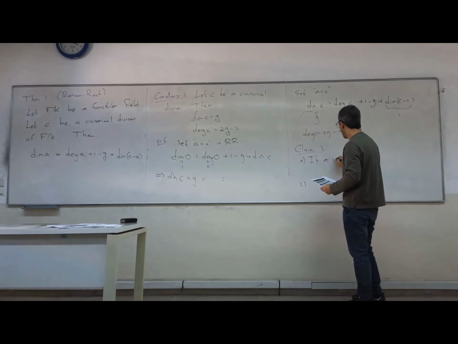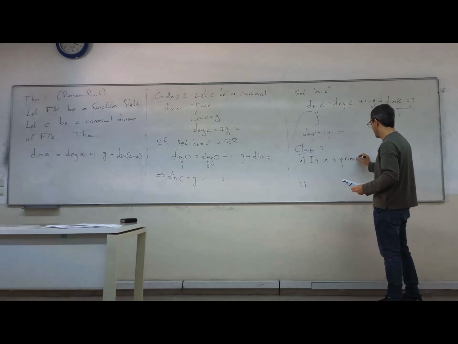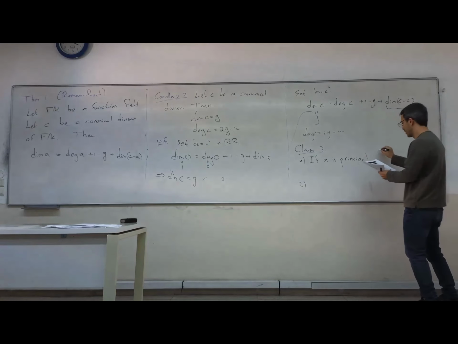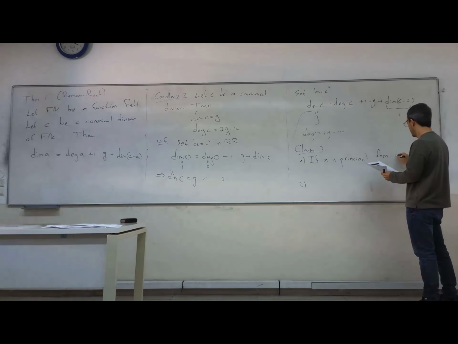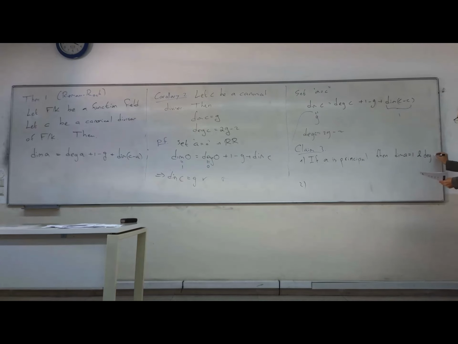If A is principal, it has nothing to do with Riemann-Roch. I think this was or could have been in the homework. If A is principal, then the dimension of A is 1, and the degree of A is 0.